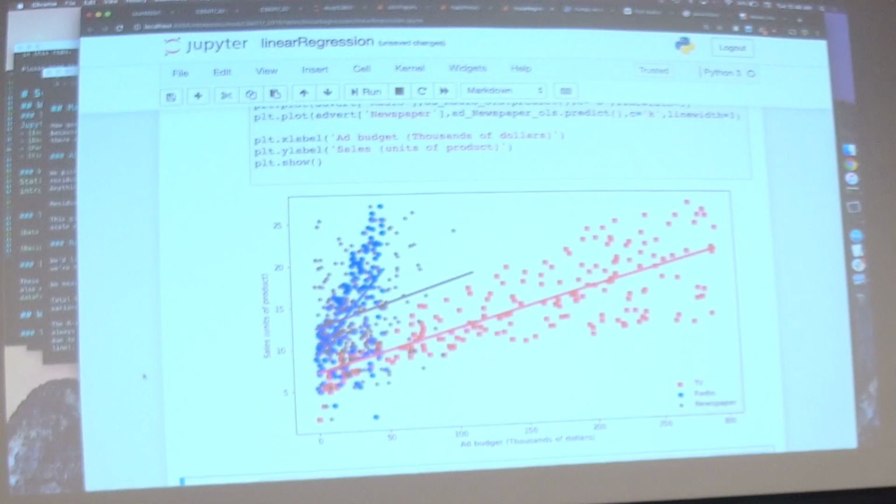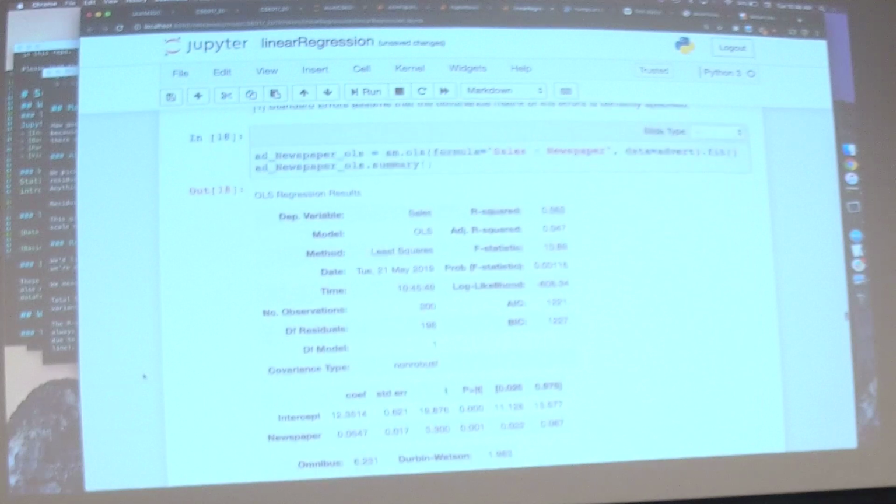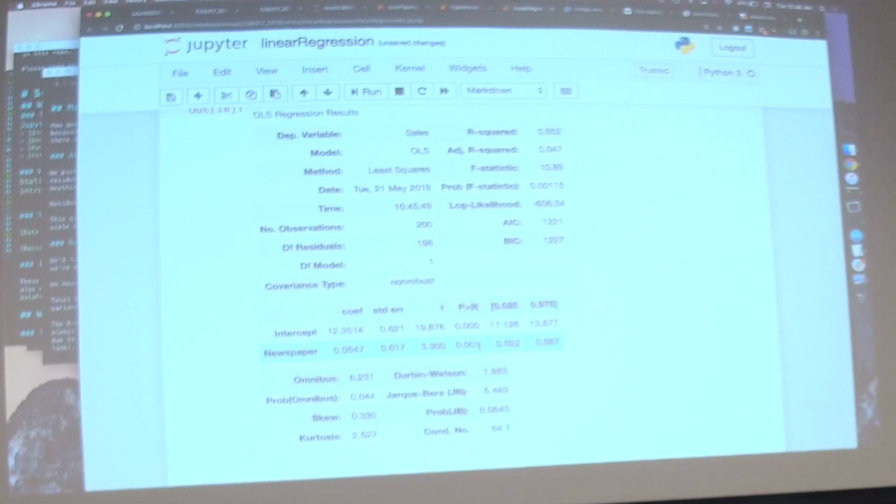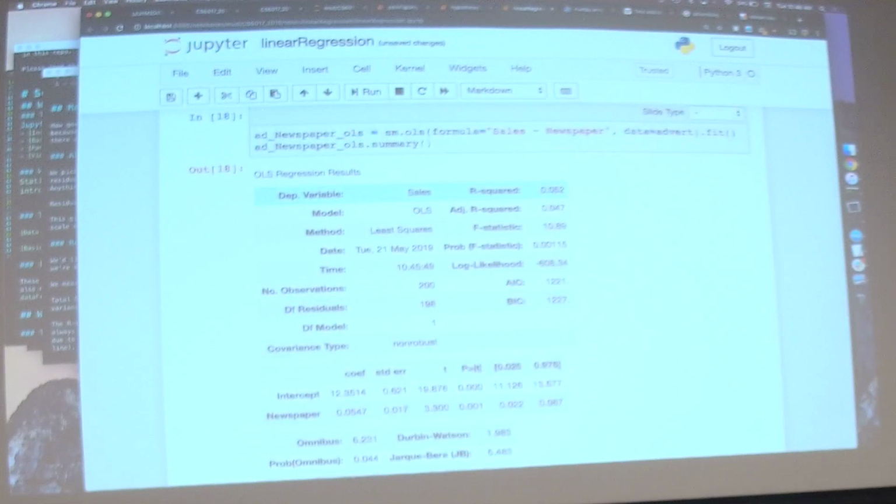So a p-value of 0 means there is definitely some linear relationship between these things. Its p-value is 0.001, so there is some relationship, but the R squared tells us it's not all that useful. It doesn't explain much of the variation in the data.